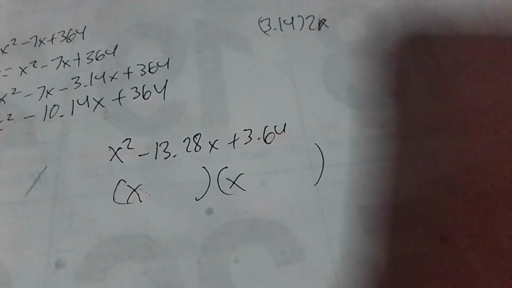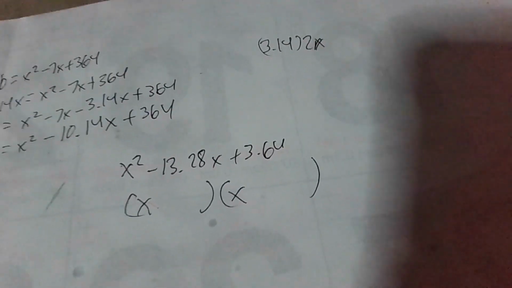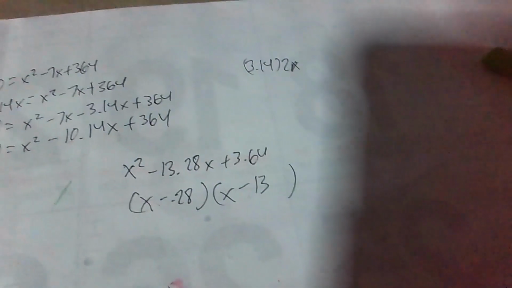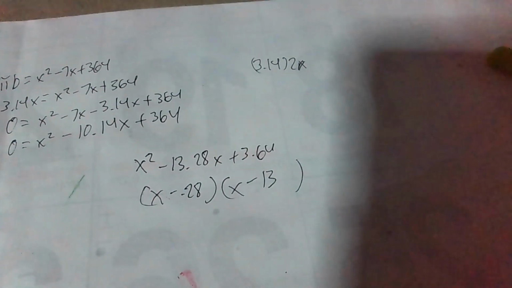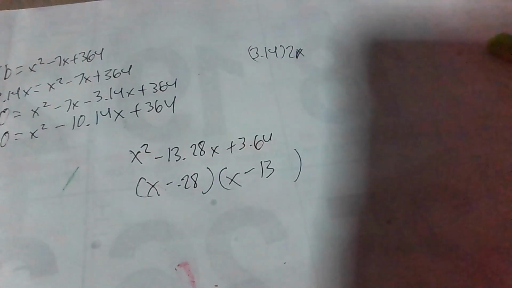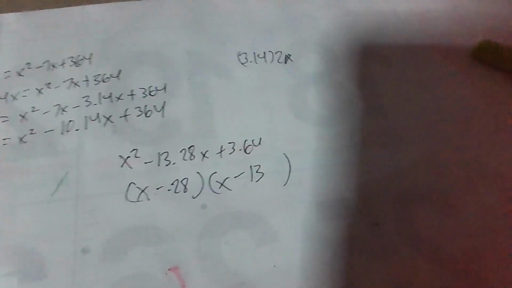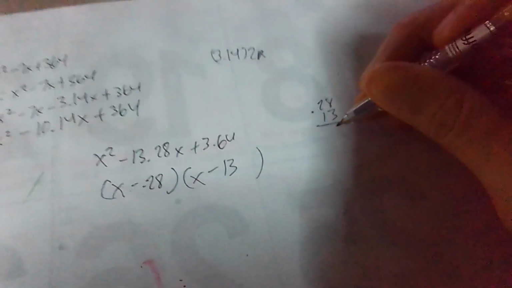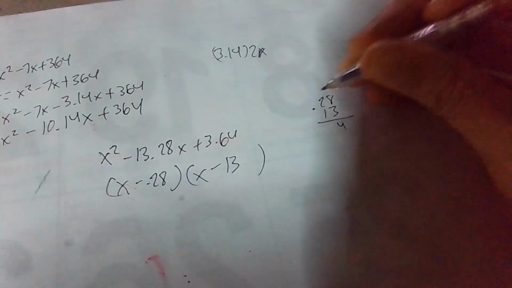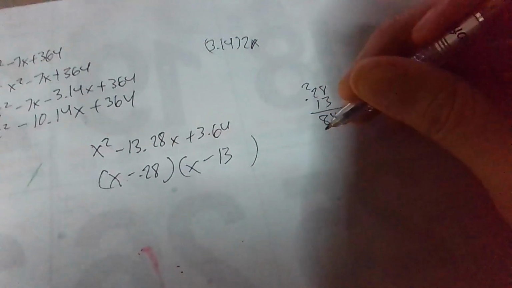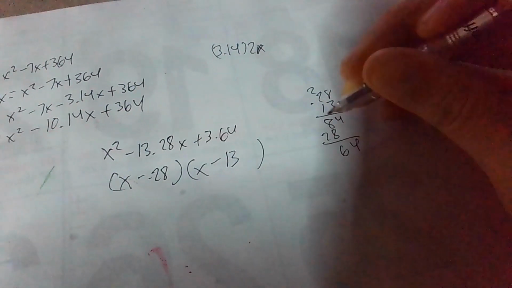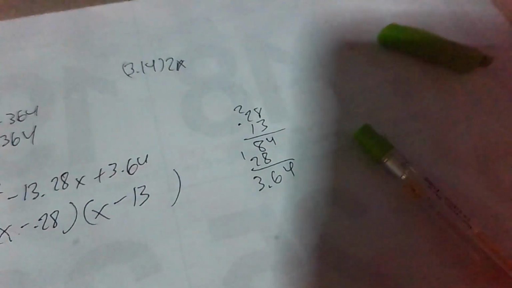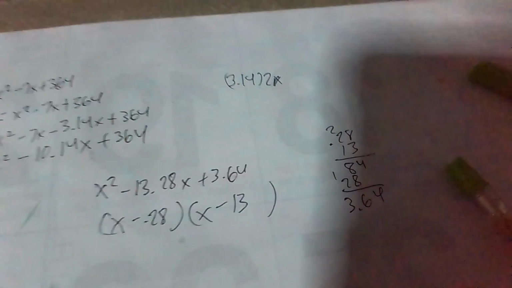I do not know how you did it because it's decimal, but I researched one time. The correct answer is supposed to be negative 0.28 and negative 13. So if I were to test that out, x times x becomes x squared. Negative 0.28 times negative 13, when we input it in the calculator, gives 3.64, but positive.